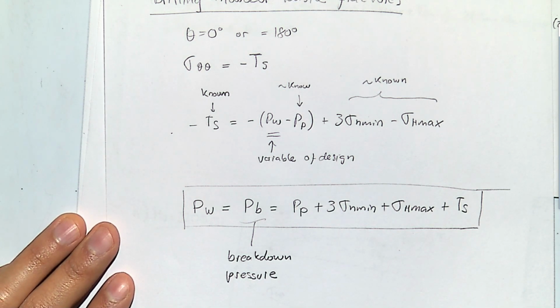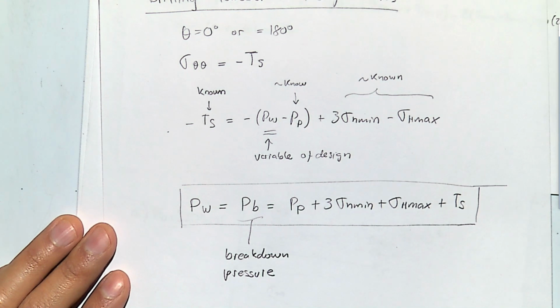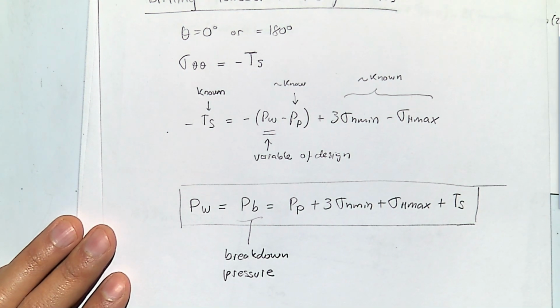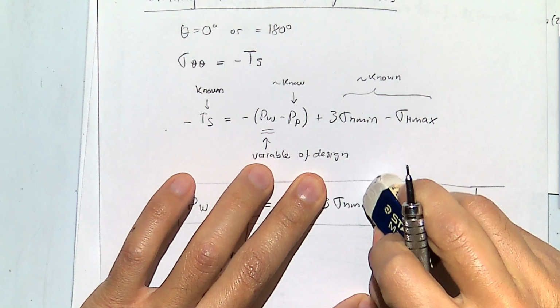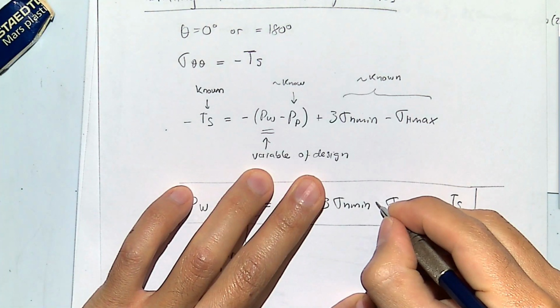We're going to see later on that it's not exactly as this equation says. There is another variable that we have to take into account. But for now, let's just call it breakdown pressure. And remember, this is a tensile fracture, and if it grows too far out from the wellbore, it's going to be a hydraulic fracture. You have a question? Yes, yes. Minus sigma H max. Okay.